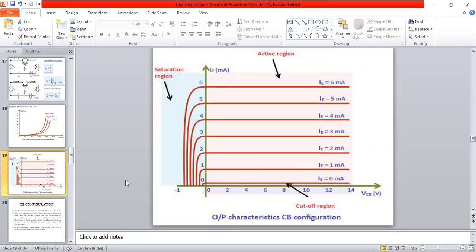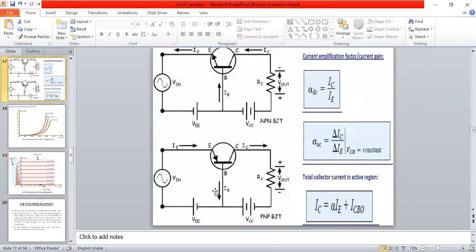After that, I will set some IE. The emitter current IE, I will set as 1 milliampere. But because of this reverse biasing, the collector is connected to the negative, yes or no?